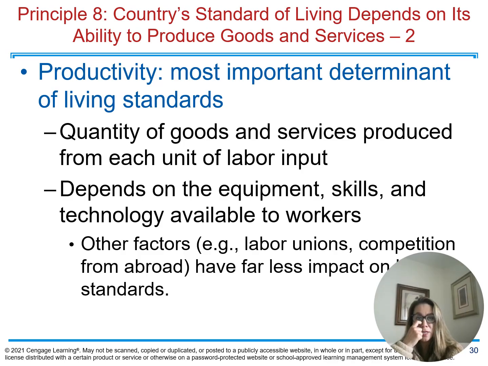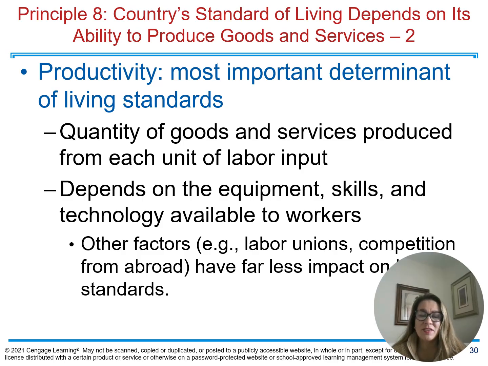So that means that the average US worker is a lot more productive than many other workers in the world, right? So productivity is going to depend on a lot of factors. Some of the factors are equipment, skills, and education that make up human capital, but most importantly, technology. The technology available to workers is going to have a huge impact on productivity.